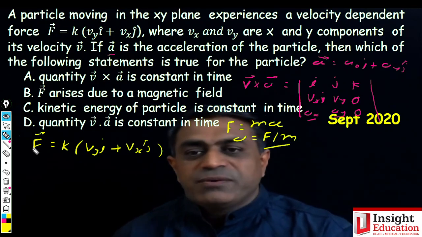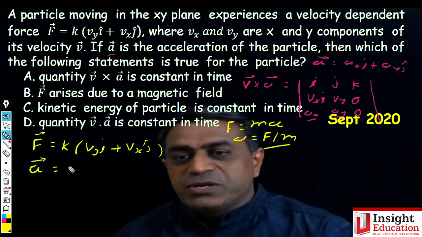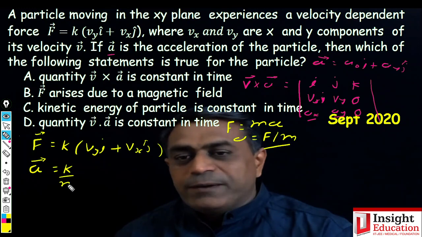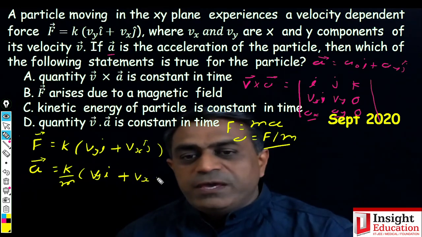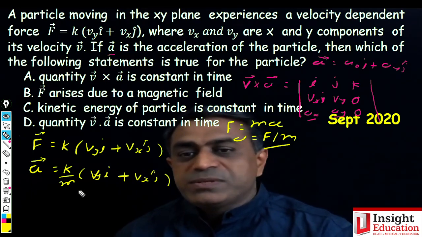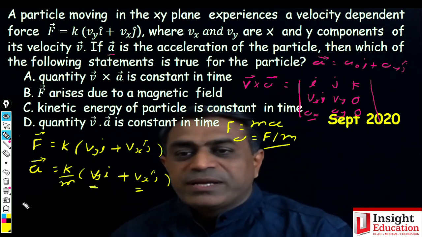From this we can calculate acceleration. So directly I can write acceleration is equal to k by m times Vy i plus Vx j. The first component is the x component, the second component is the y component.